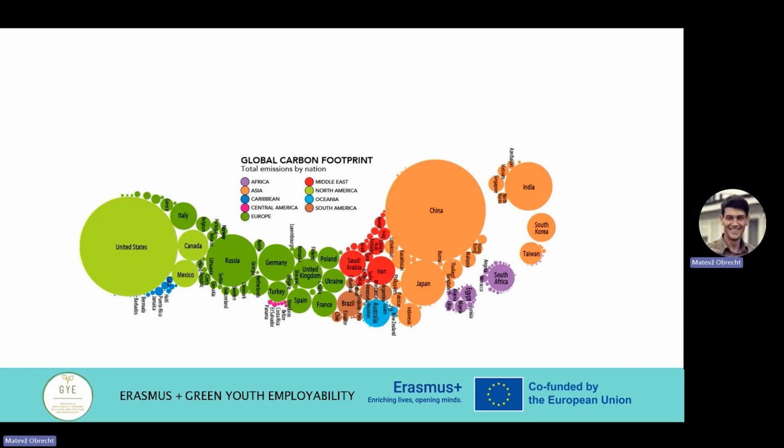You have emissions by the nations, and you have, for example, North America in light green, Europe in dark green, then you have South America in brown, Australia and Oceania in blue, then Asia in orange, Middle East in red, Africa in purple, and Central America in pink, and you can see which countries contribute the biggest amount of carbon footprint.